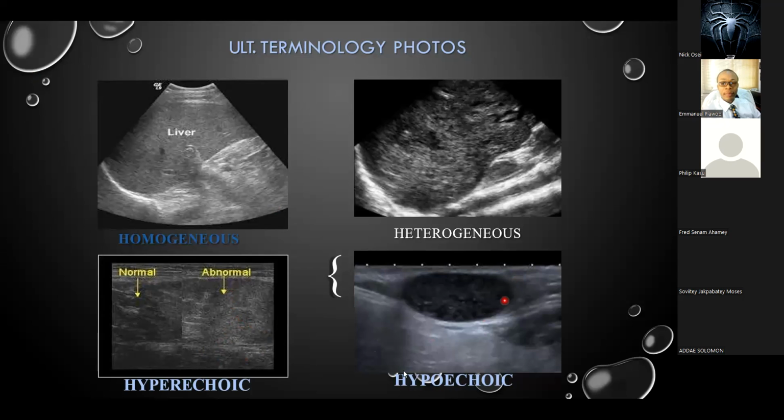Look at the one on the bottom right here. You see that the image in the middle here, the well circumscribed image, is not as white as the surrounding structures. Okay. So this is hypoechogenic. So all of these places are echogenic, but the inside here is hypoechoic or hypoechogenic.